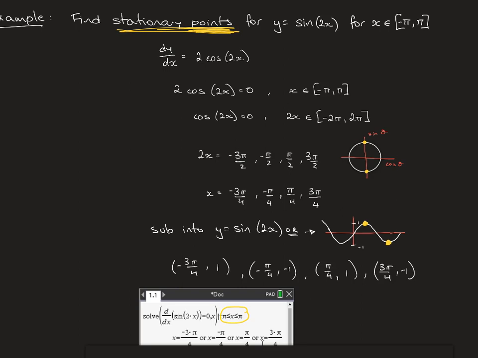So make sure that you're getting your domain restriction for your derivative of your trig function outside of your solve function. So basically, if I was doing this on CAS, I've kind of stopped at this idea here. At the top, I've got the derivative equal to 0, and find the x values for that.